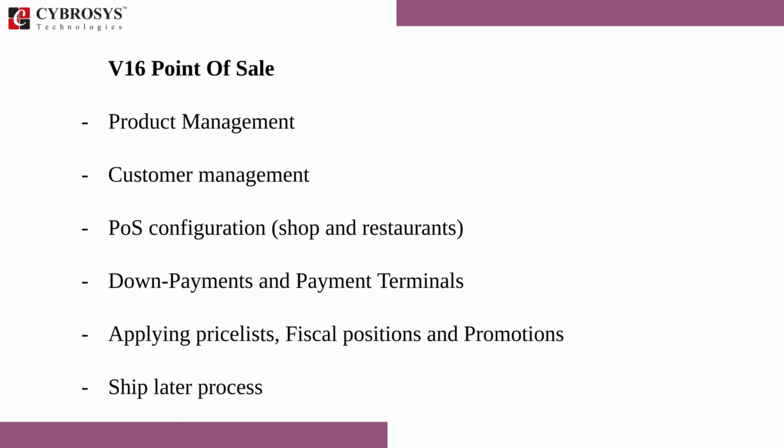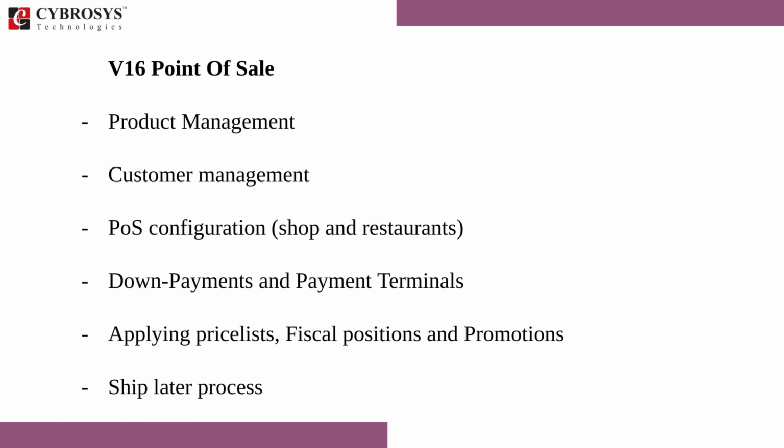As mentioned earlier, we'll have the ability to associate our payment methods with the payment terminal, so the customer can just swipe their card and make payment. We'll discuss that as well, and how the price list, fiscal position, and different promotion programs can be applicable on the point of sale order.